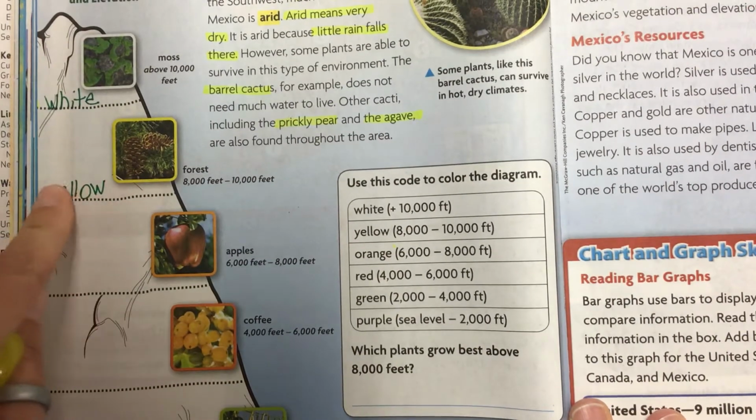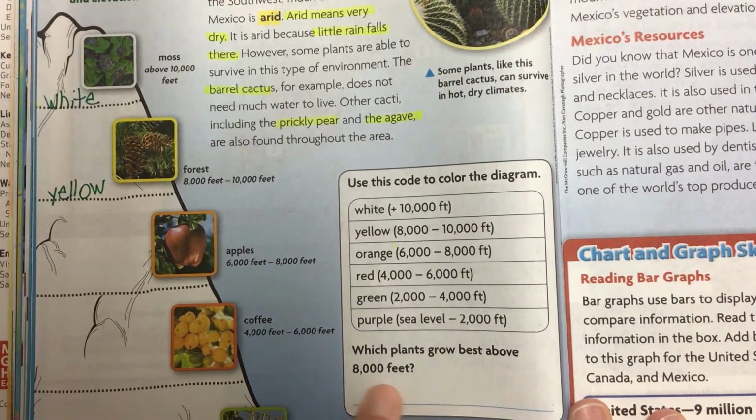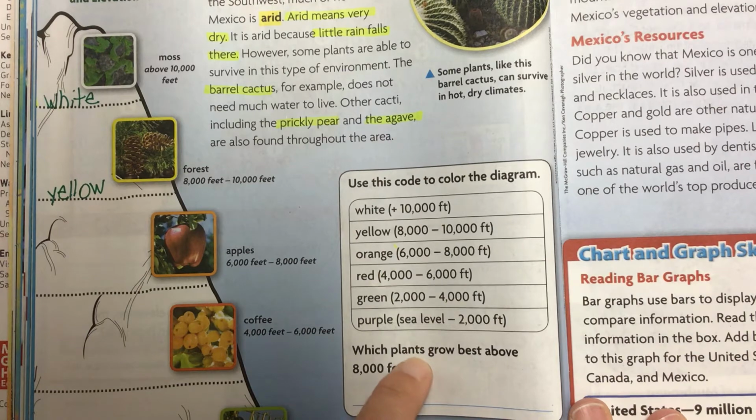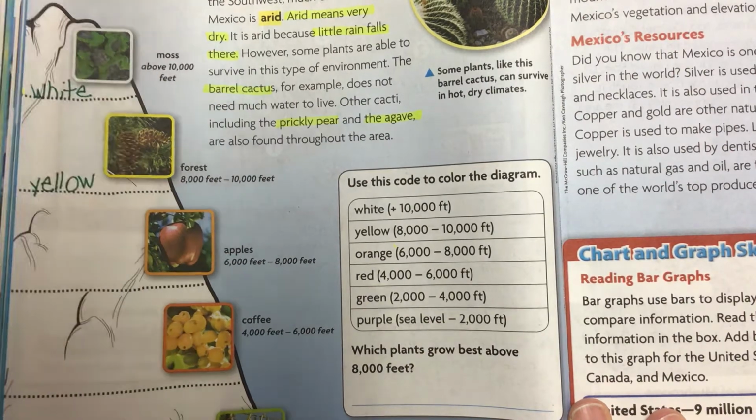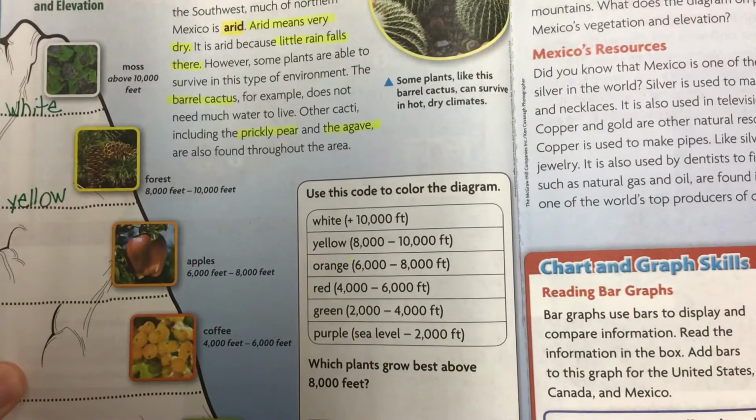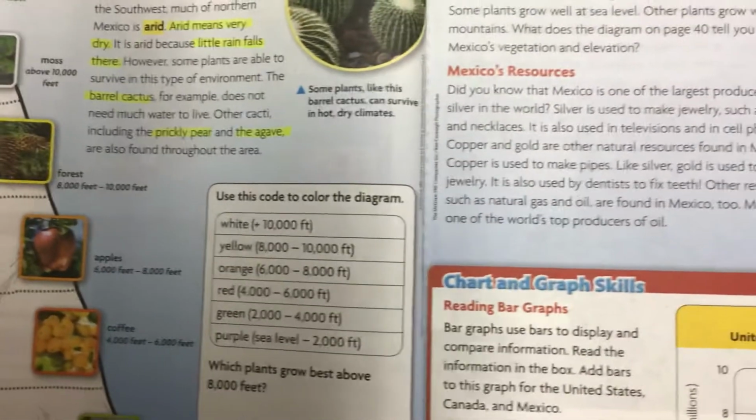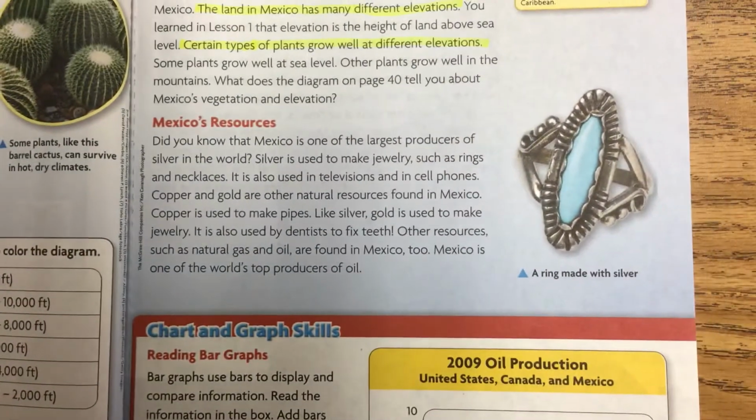Look at the diagram and write down your answer. Notice that plants is plural. There's an S there. That means there's more than one. Go ahead and work on that. You can either pause the video now or wait until we're done reading.